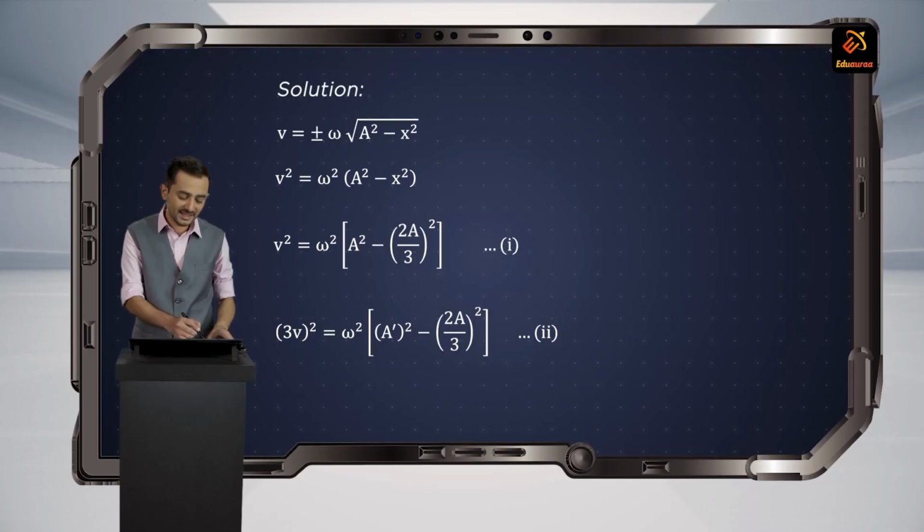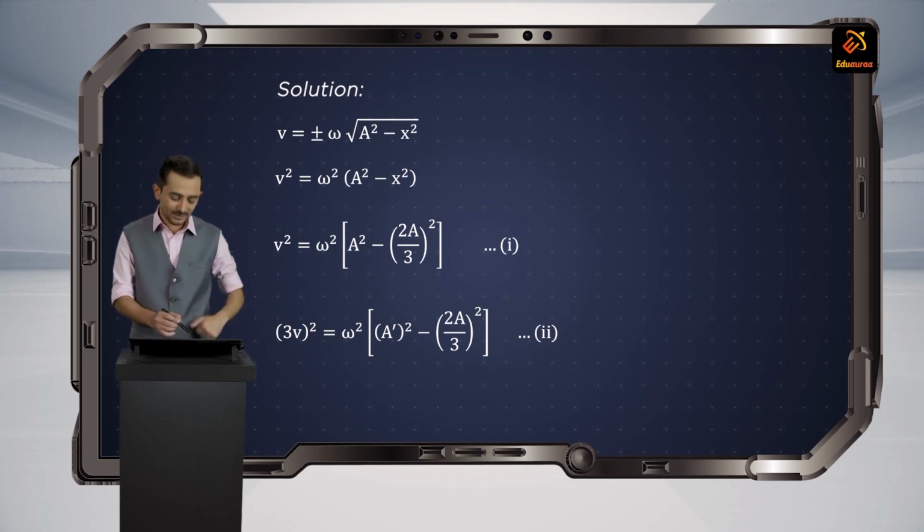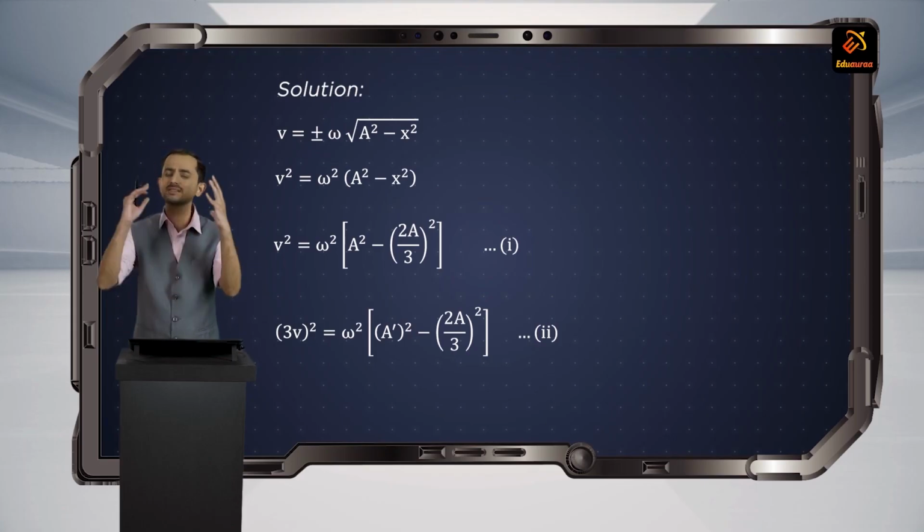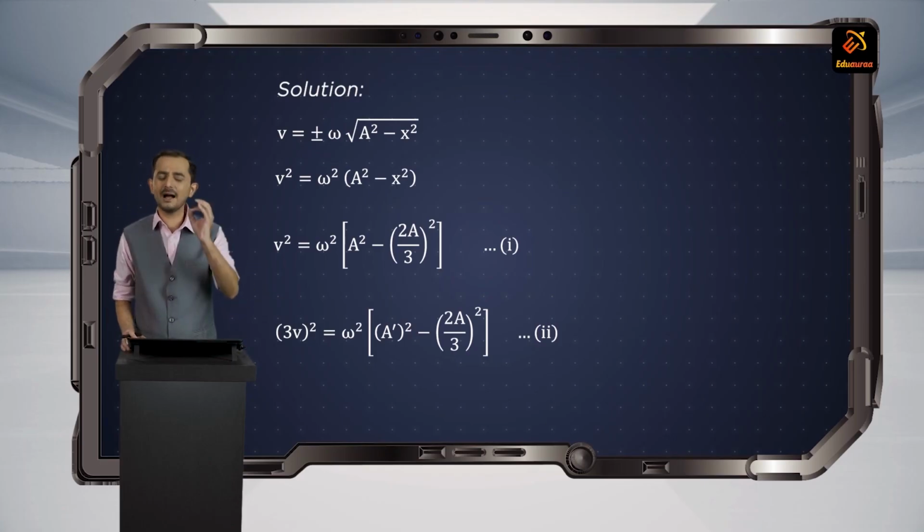So using the same formula, we'll be getting 3 times of v the whole square is equal to omega square multiplied by new amplitude square. Let's say the new amplitude is equal to A dash, and that is our requirement over here. So this will be omega square the whole into A dash square minus x square. And what is the value of x, students? It is 2a by 3. So we say x square will become 2a by 3 square. Let's say this is equation number 2.